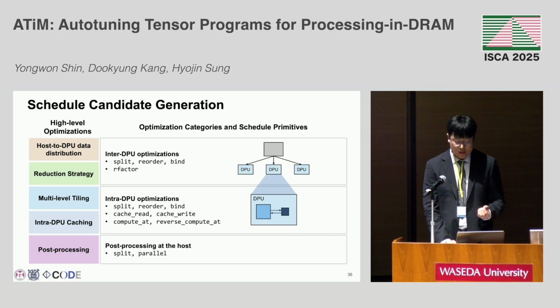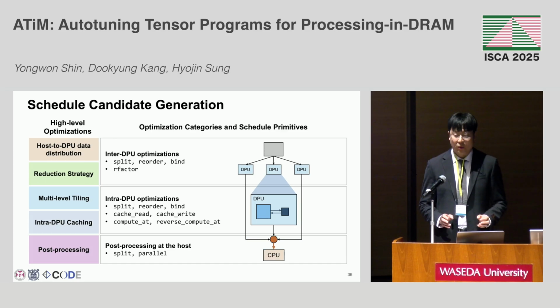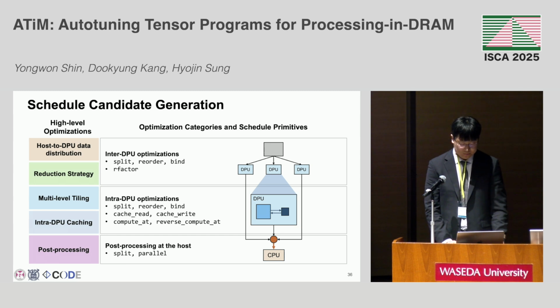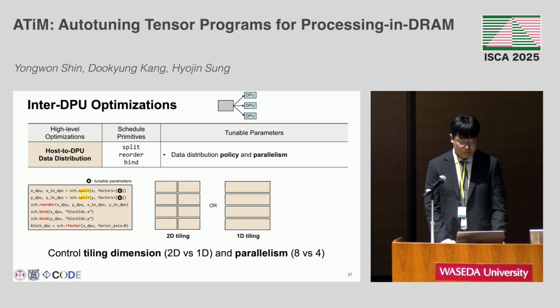Next, each DPU processes its assigned workload as efficiently as possible through various optimizations such as tiling. Finally, the results from all DPUs are gathered and post-processed at the host side. ATiM expresses and optimizes the entire process using schedule primitives.